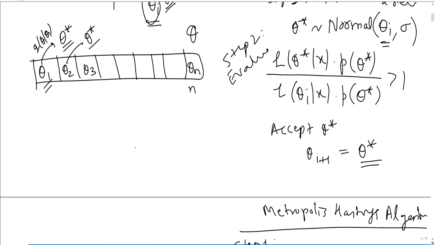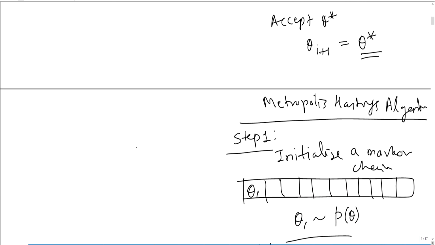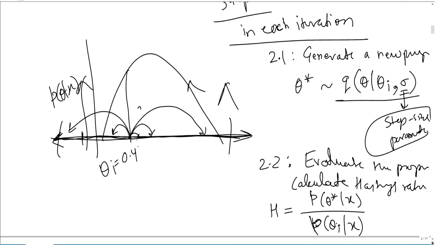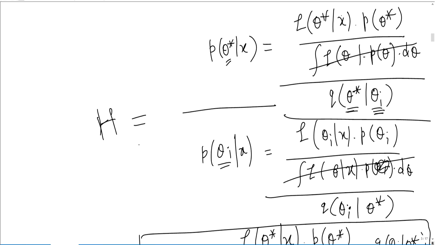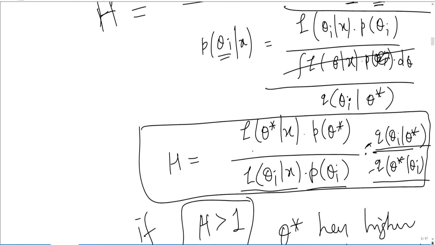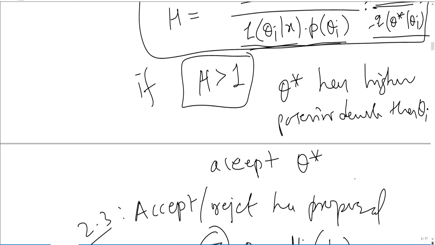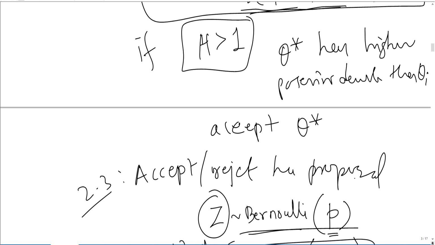Once we have generated proposals, we evaluate the proposal using the Hastings ratio, where we take the ratio of the posterior density of our new proposal and the posterior density of the current state of the chain. If this ratio is greater than 1, then we accept theta star.